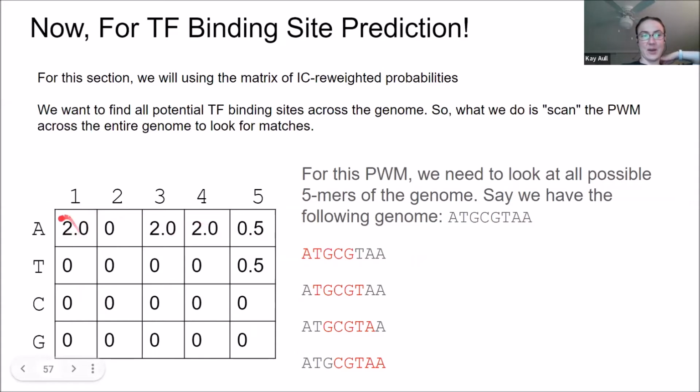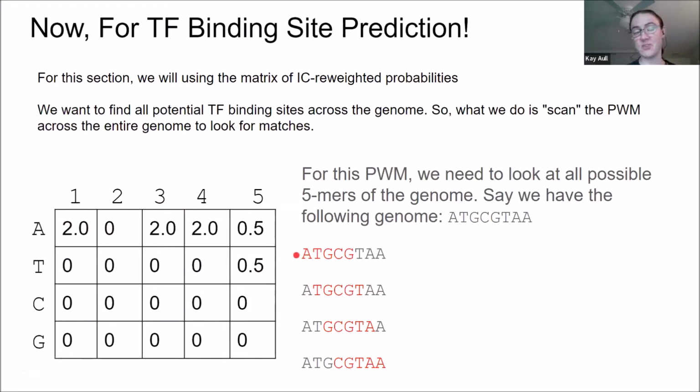Say, okay, we're getting credit for this A. We'll get our 2. Nothing for this, nothing for this G, or for this C, or for this G. And so we're scanning across the genome, and then we can move on to this one. Okay, here's your first position, a 0, and so on and so forth.